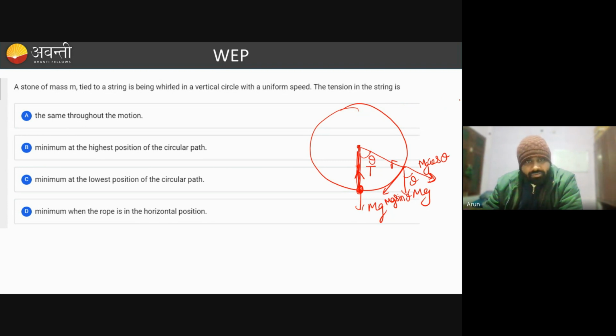So the final expression you will have is T minus mg cos theta equals mv squared upon the radius of the circle, which is, let's say, r. So from here you can say T is equal to mg cos theta plus mv squared upon r. Now all the terms here are constant. Mass is constant, gravitational acceleration is constant, velocity is uniform, this uniform speed is given, r is also constant. The only thing that is changing is theta.